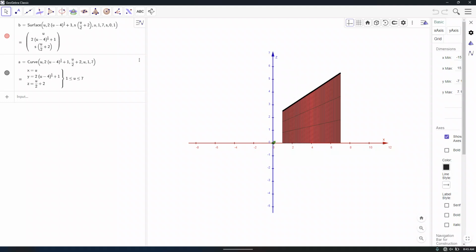So yes, we have that diagonal line over the interval 1 to 7. What else? It's there.